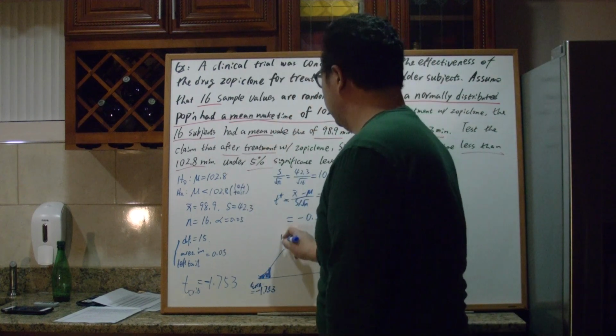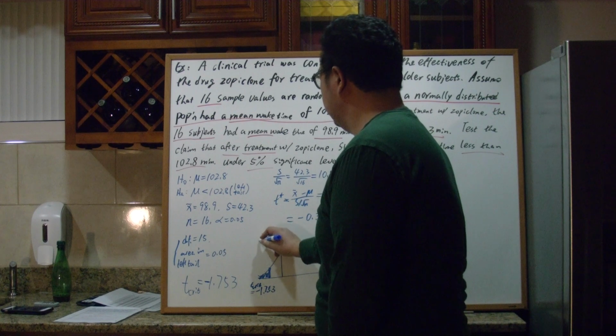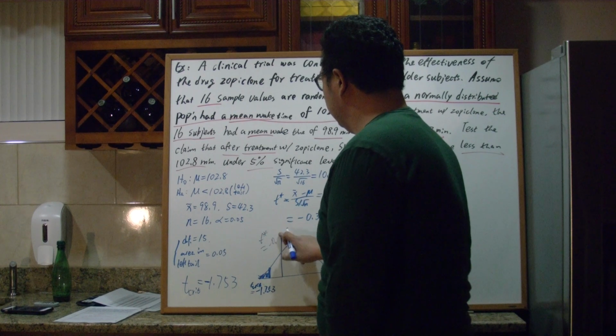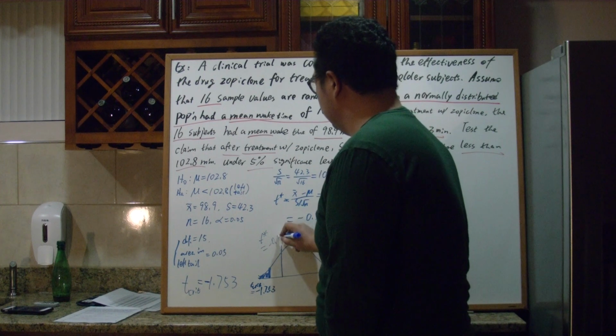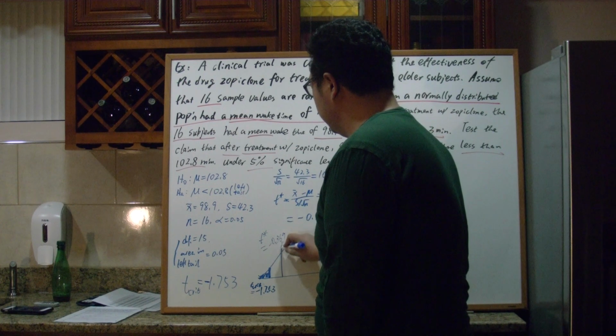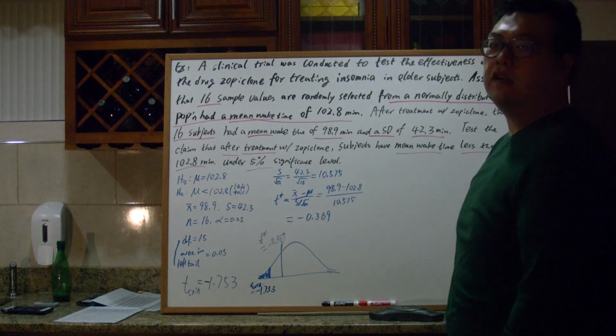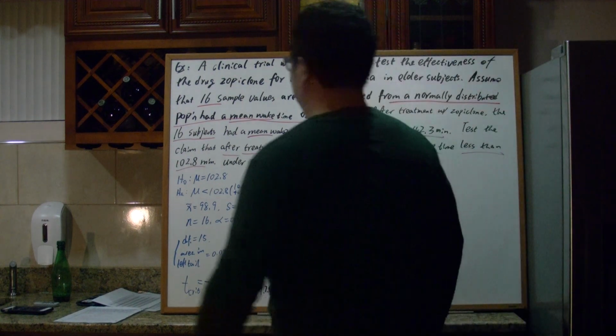The t-star, negative 0.369, is over here, which is out of the rejection region.